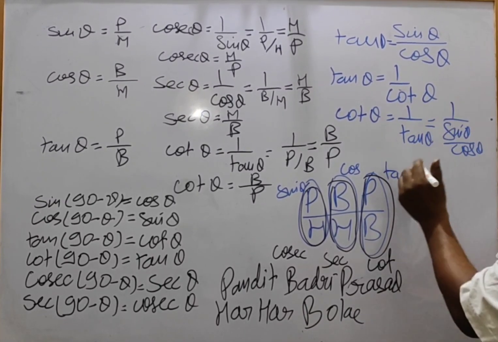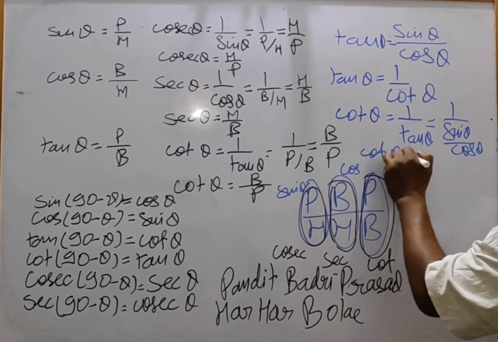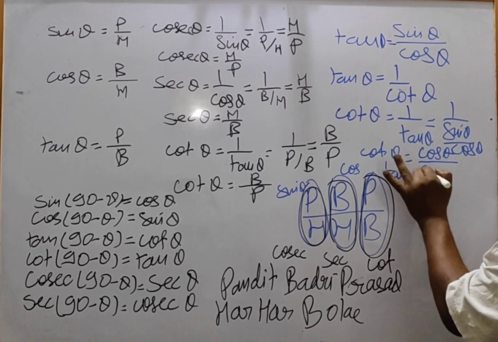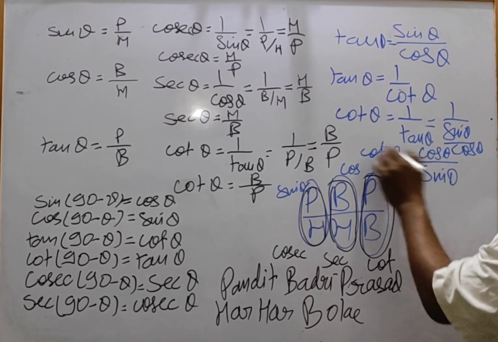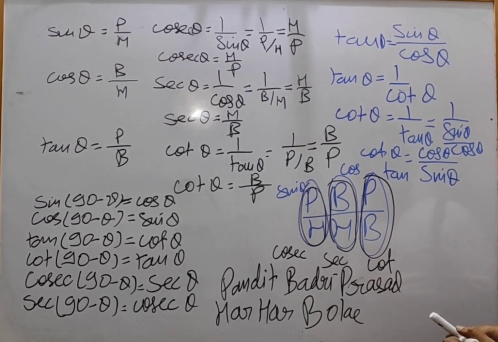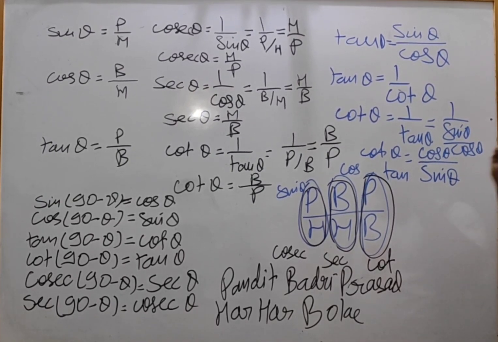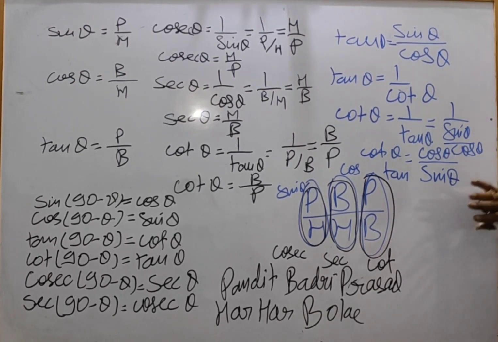So cot theta is equal to cos theta upon sine theta. Tan theta is sine theta upon cos theta.